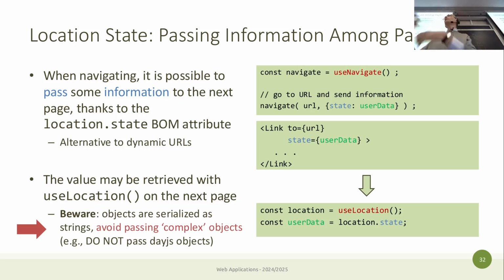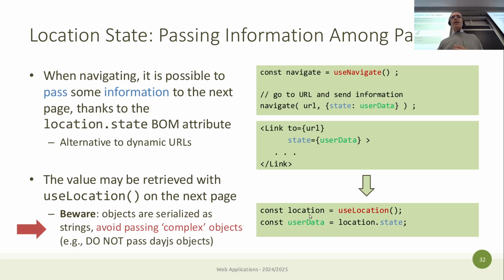You have an object with many properties and so on. You don't want to put the whole object on the URL, typically. And so there is a second parameter to navigate. You can pass an object that has a property state, to which you can pass anything you like, typically another JavaScript object with many things inside.